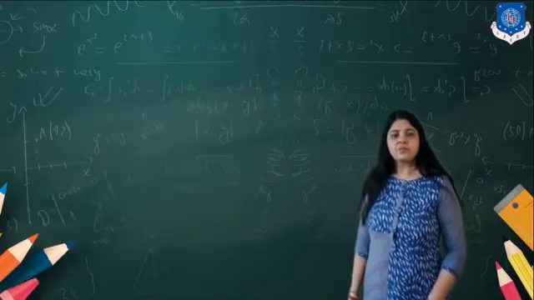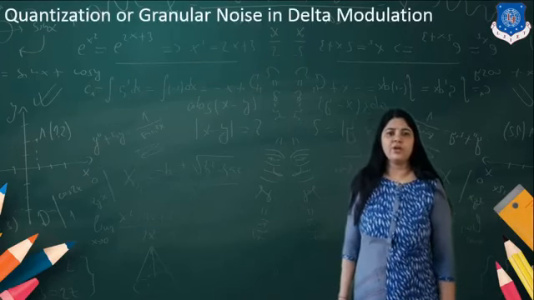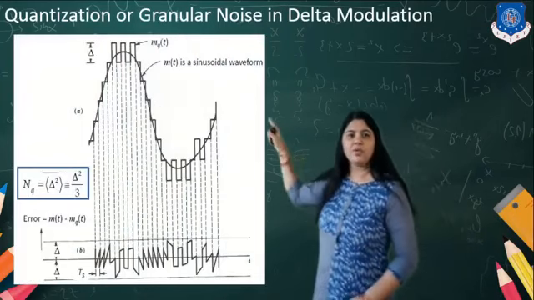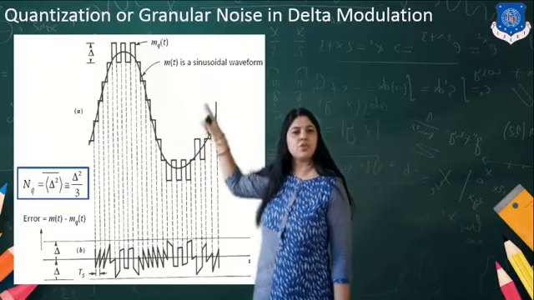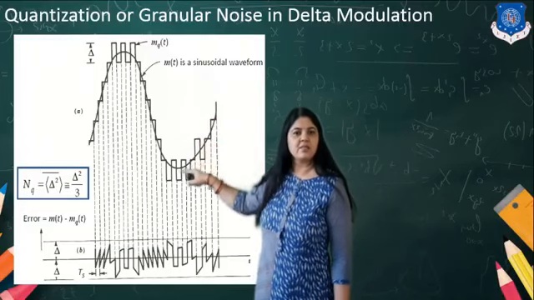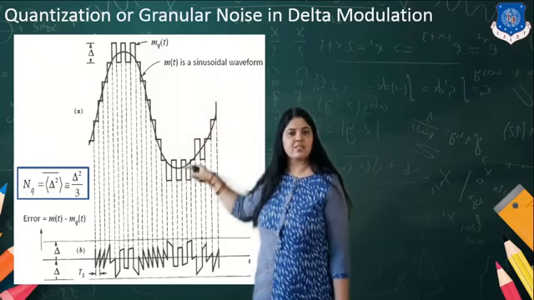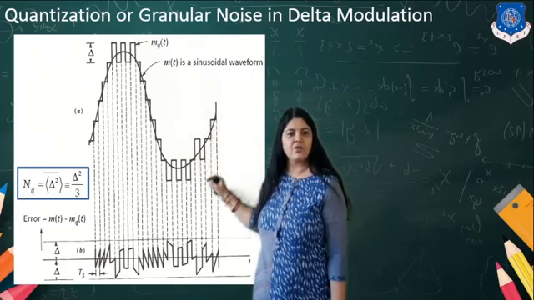Now the quantization or granular noise in delta modulation. Here again you can see the diagrams: my m(t) is a sinusoidal signal, and this is the mq(t) signal. According to that, the step size is not constant, it is varied.